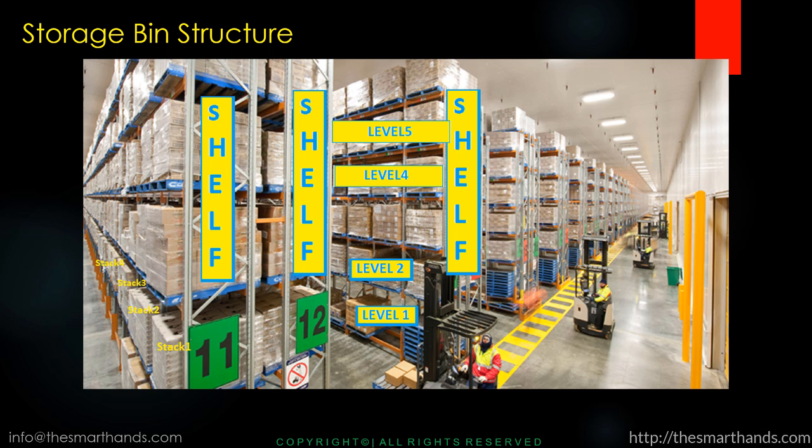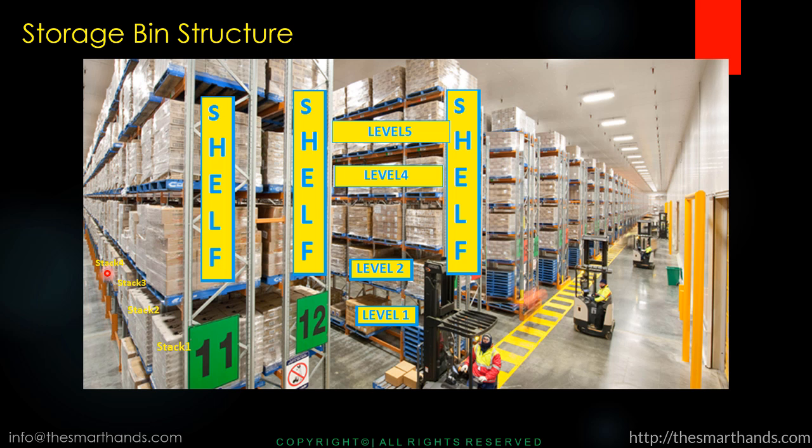Now you need to understand this screen first. Here you can see we have shelf 11. Then the next one is shelf 12, and so on. We can have shelf 13, 14, and so on. That's your shelf. You can see here two shelves are next to each other, and the area between the shelves is called an aisle.